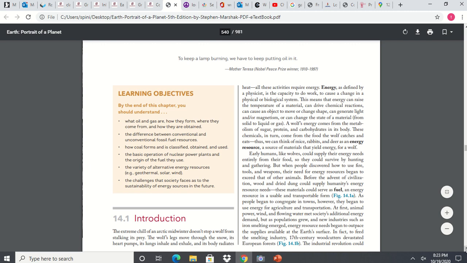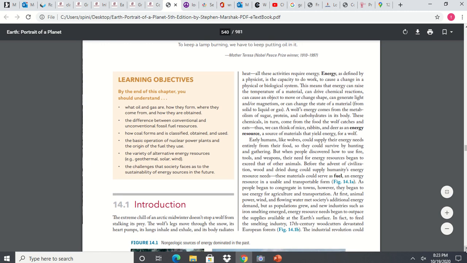The first part here, the introduction, talks about what energy is and what a resource is. Of course, a resource is something that you are holding or finding and using. Energy, defined physically, is simply the capacity to do work or to change a physical or biological system. So, for example, you are using energy right now, aren't you? You're using biological energy.